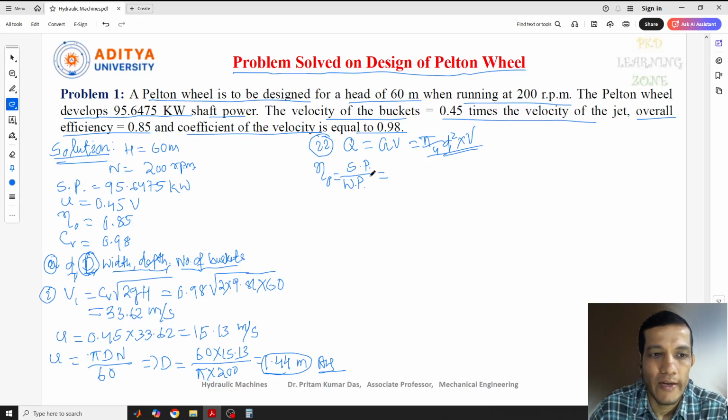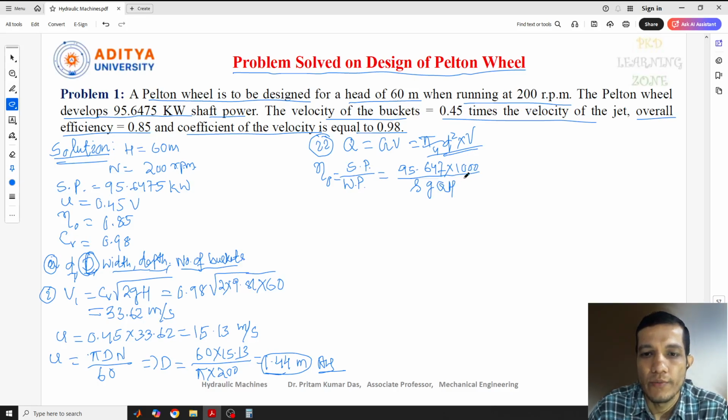The shaft power is already given in the question, that is 95.6475, multiplied by 1000 because it is in kilowatts, converted to watts. Or let's keep it in kilowatts, and the water power is rho g Q H by 1000.